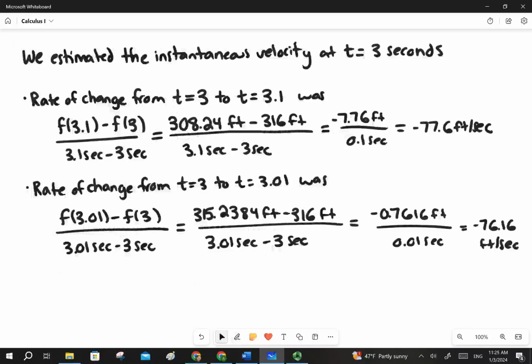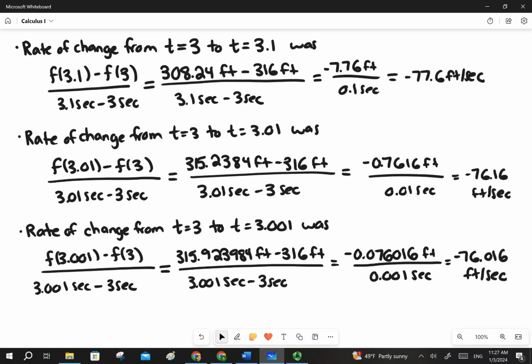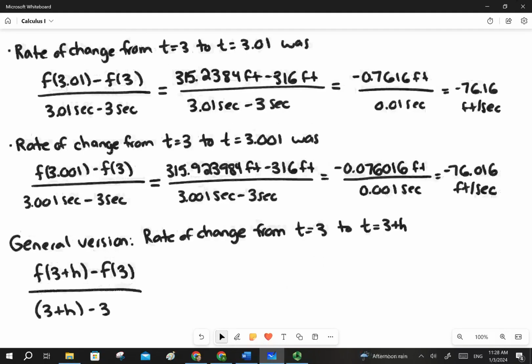A similar calculation showed that the rate of change from 3 seconds to 3.01 seconds was negative 76.16 feet per second, and that the rate of change from 3 seconds to 3.001 seconds was negative 76.016 feet per second.